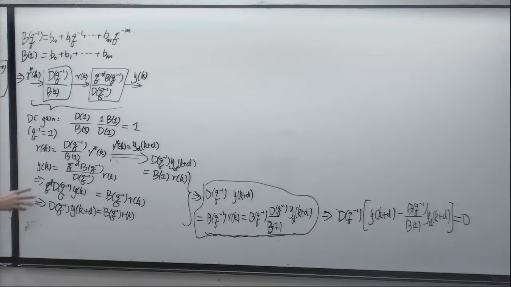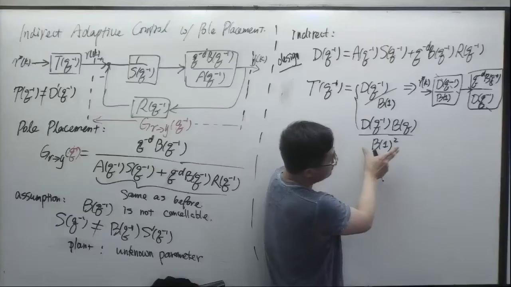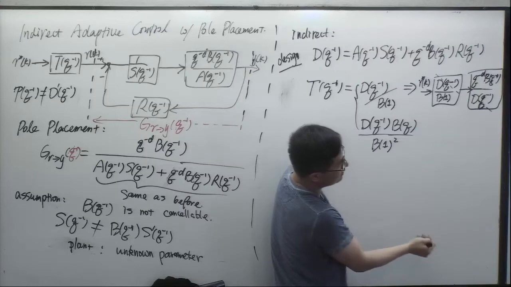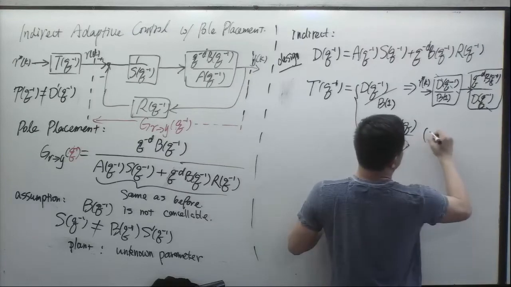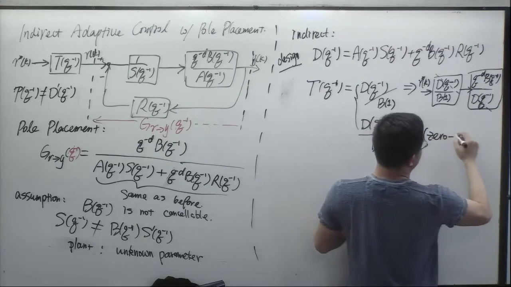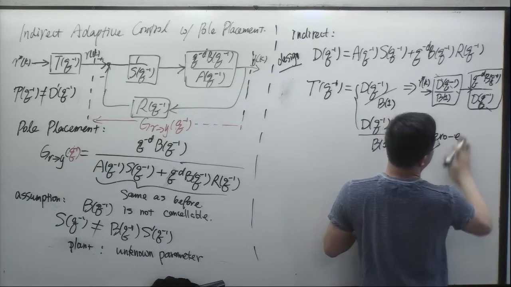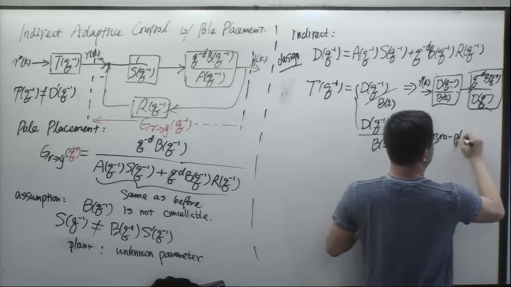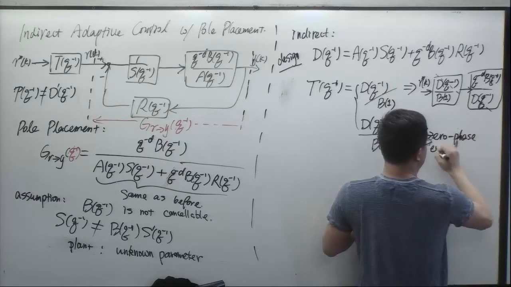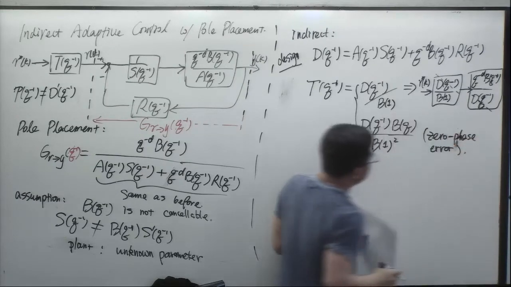This is not the best thing that we'll be able to design. This design improves upon this a little bit. All right, this is going to give something known as zero error, zero phase error in the design.